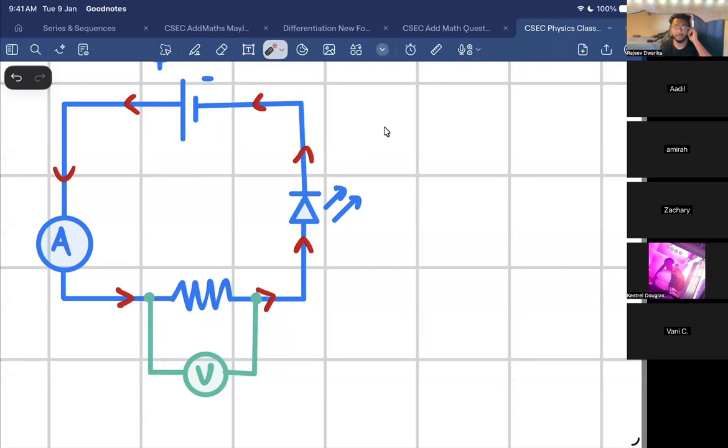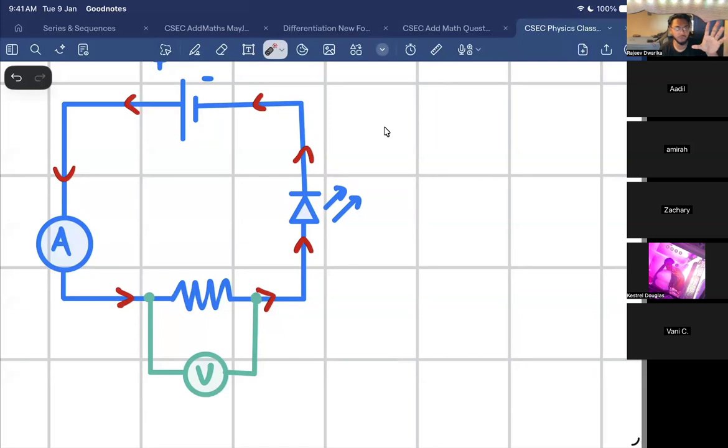Okay, let me make sure we understand this. I have to understand the fundamentals. If the resistance is 0 ohms, it's a short circuit. Let me explain. If it is 0 ohms, is there any resistance to resist the flow of current? No, sir.